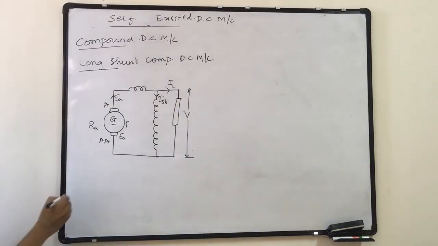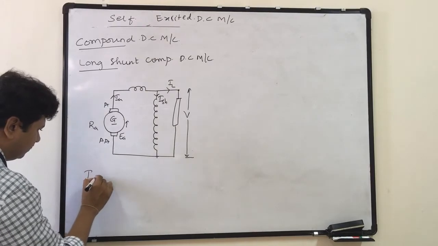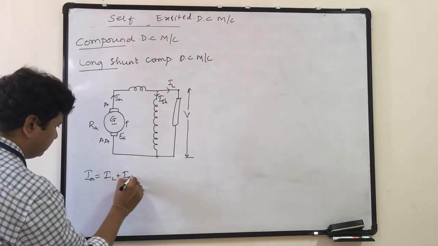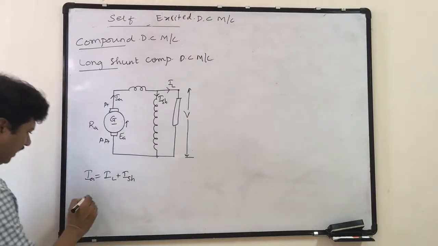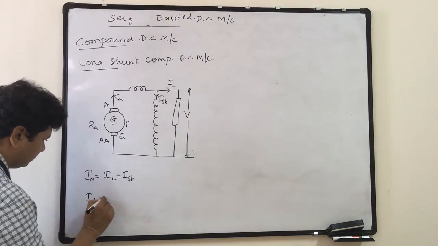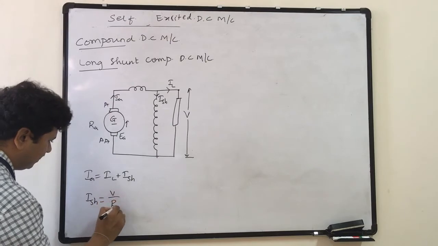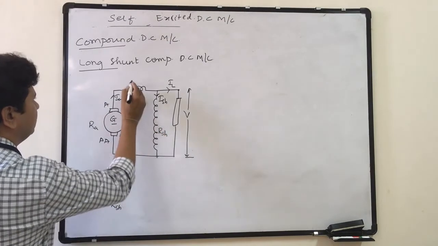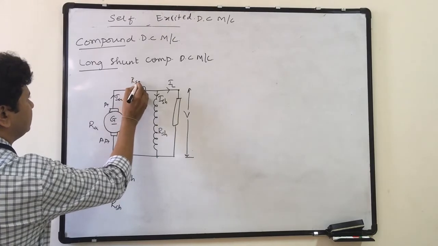So my IA is equal to IL plus ISH, and ISH is V divided by RSH. The shunt field has some resistance RSH, and the series field has some resistance RSC.